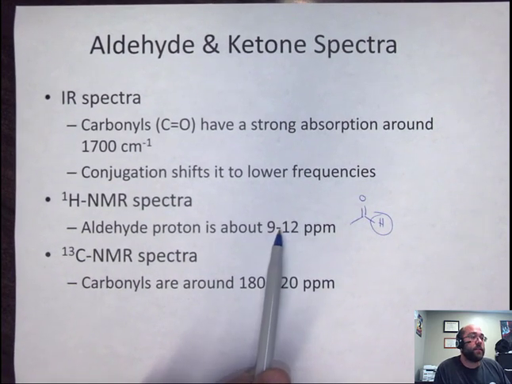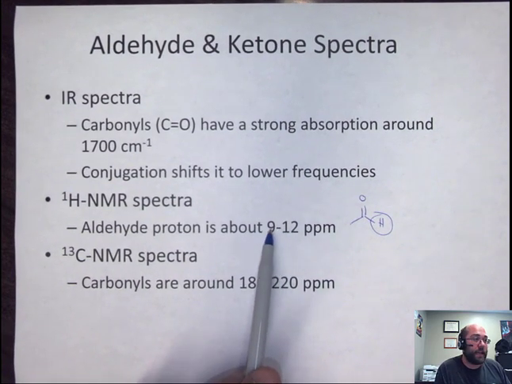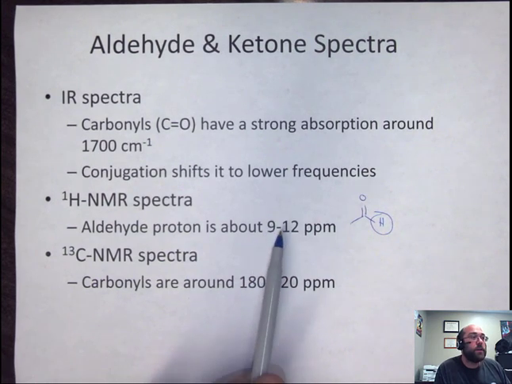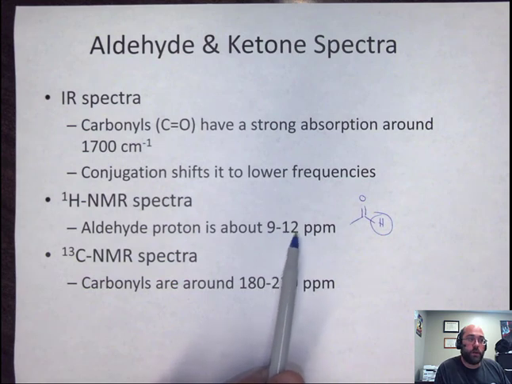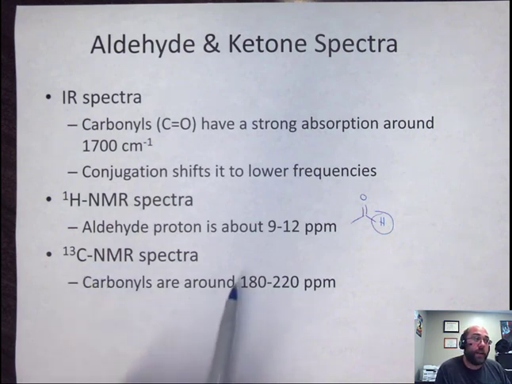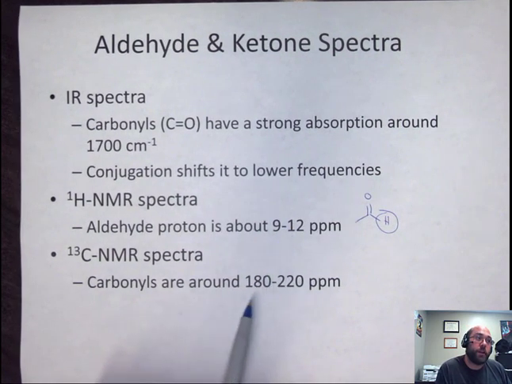If you take this number and multiply it by 20, 9 times 20 is 180, and 12 times 20 is 240. So the carbonyl carbons for carbon-13 are in this range times 20.